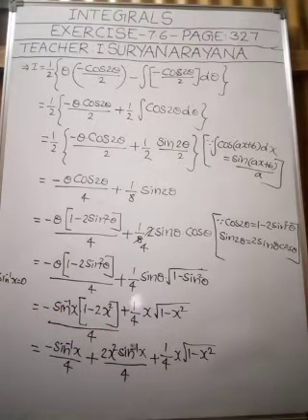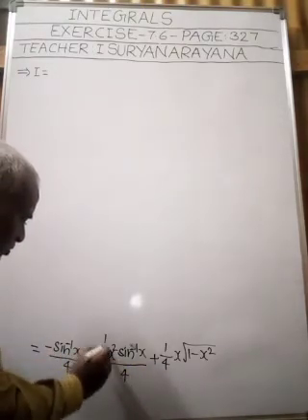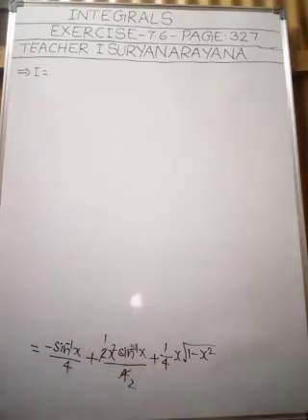Okay, my children, understood this step? Right. Now let us simplify these terms. The integration part is over. Here 2 one times, 2 two times.